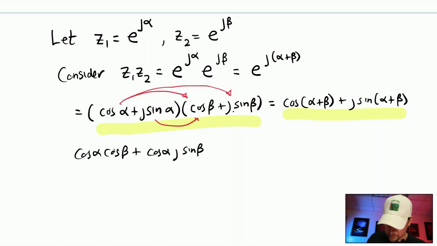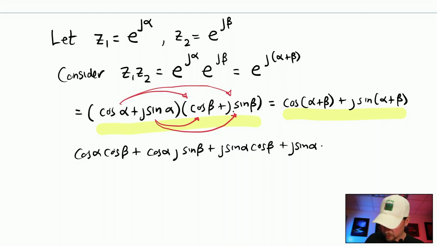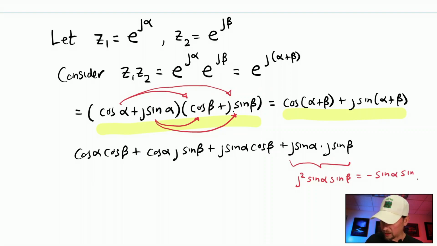So if I take j sine alpha, multiply it by this, I get j sine alpha cosine beta. And lastly, if I multiply j sine alpha times j sine beta, I get j sine alpha times j sine beta. Right. Now, let's take a critical look at this one. We have j squared times sine alpha sine beta, but j squared is equal to minus 1. So this is minus sine alpha sine beta.